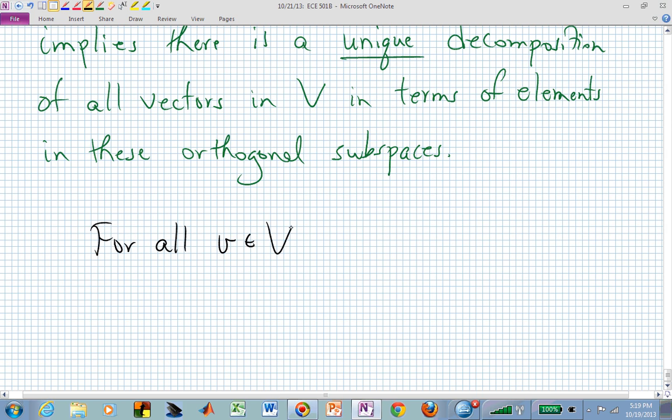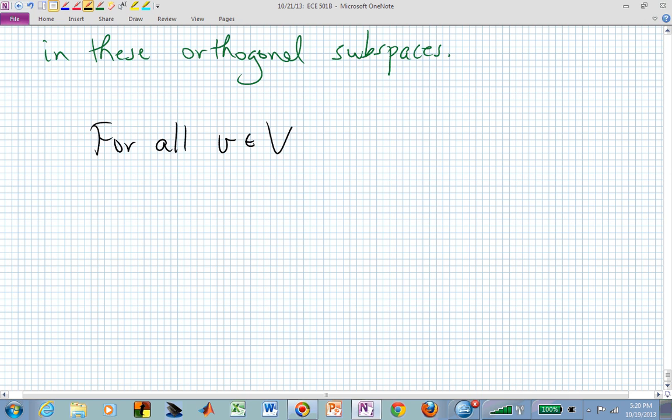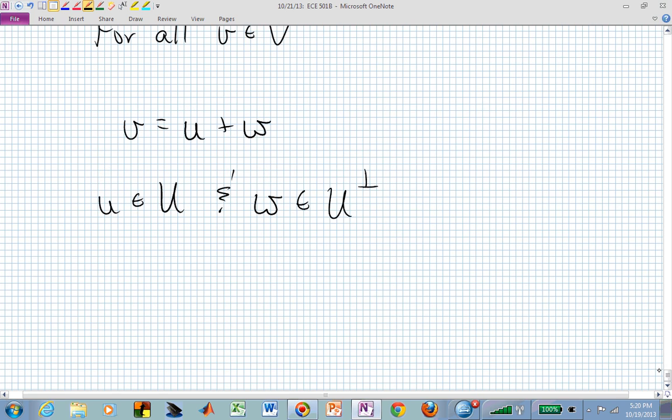For all vectors v in our original linear vector space V, v can be separated into two pieces. One piece, little u, comes from the subspace U, and w comes from the orthogonal complement of U. Now we have a vector v written in terms of two pieces that are orthogonal to each other. And that's powerful.